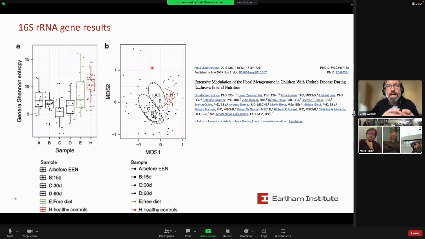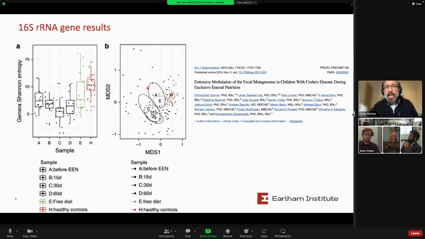So it's a way of taking a high-dimensional data point, in this case our 16S profile, and representing it in 2 dimensions. So the distance between samples, and each dot is a sample, in the NMDS reflects how different they are in terms of their actual microbiome profile.